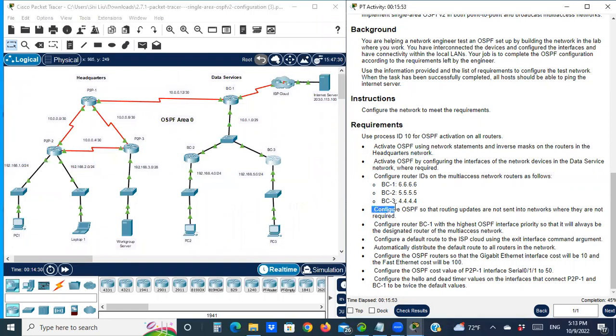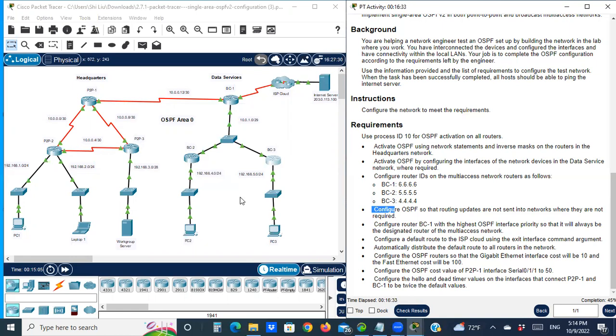Next one, configure OSPF so that routing updates are not sent into networks where they are not required. This question is about the passive interface. Because the OSPF routing information only needs to be sent out interfaces that are connecting to other OSPF-enabled routers.